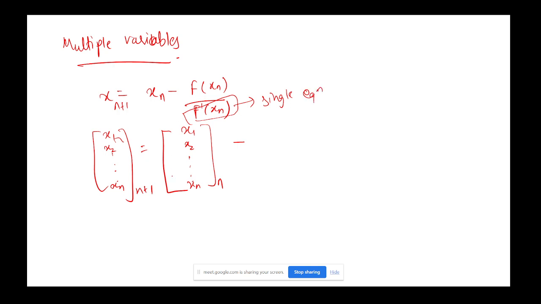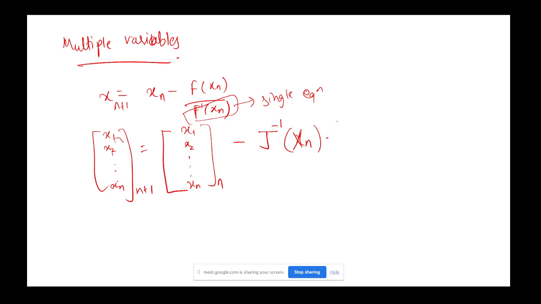Now in the case of multiple variables, you will have a matrix, which is known as the Jacobian matrix.